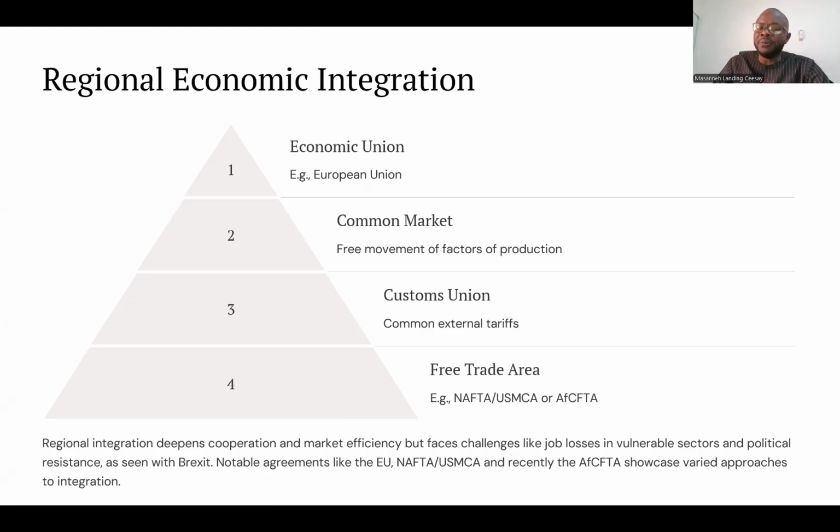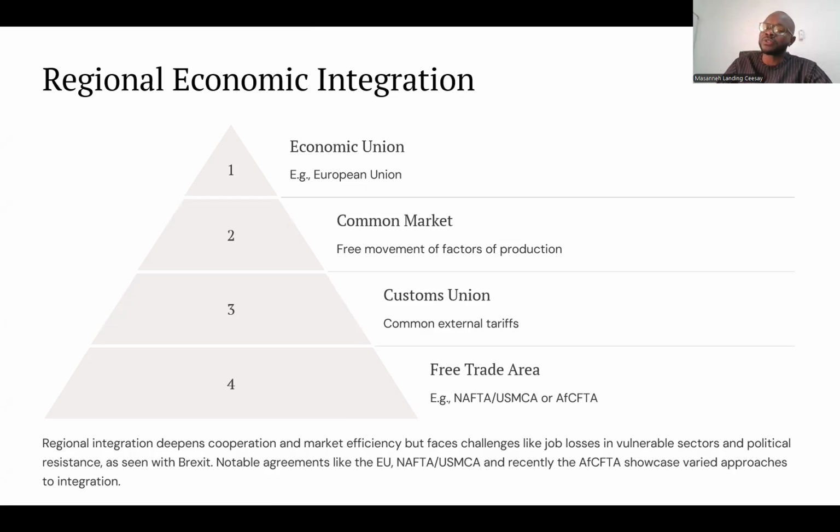And then you have the common market. A common market is basically where two or more countries agree to have free movement of factors of production, and in some instances, people, like ECOWAS, which was some form of common market where people and goods can move freely without any form of restriction.